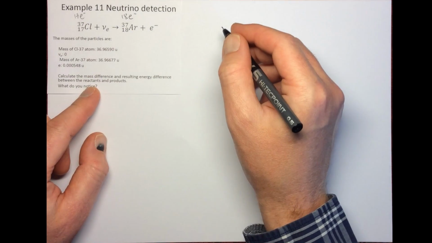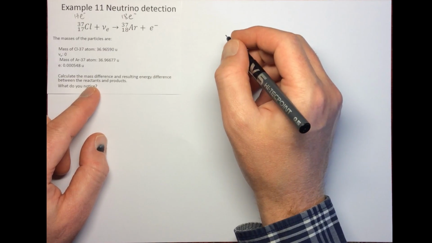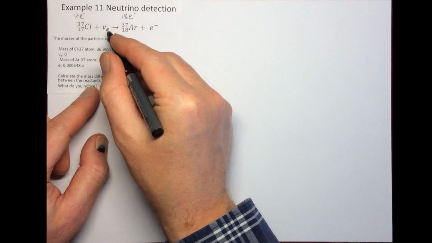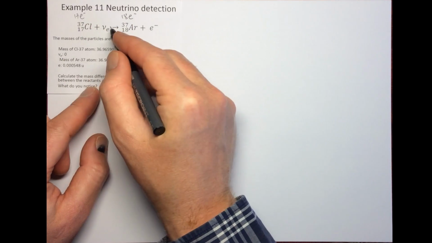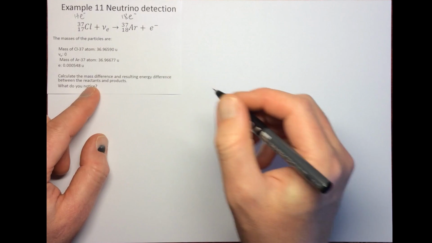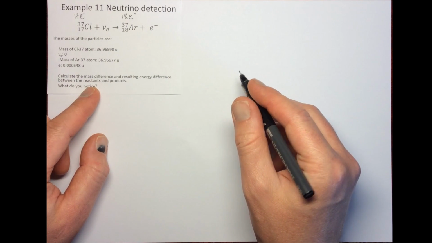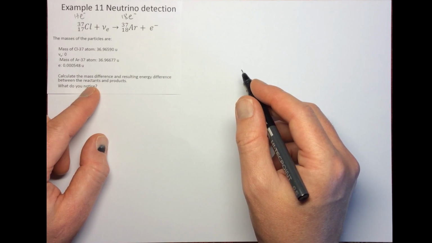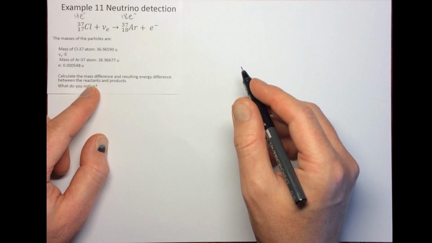Okay, so to start off with, we need to work out the mass of the chlorine nucleus. We know that the neutrino has basically zero mass. It's a little bit of a simplification, because it has been argued that neutrinos do have a very small mass, but we're just going to assume it's zero here.